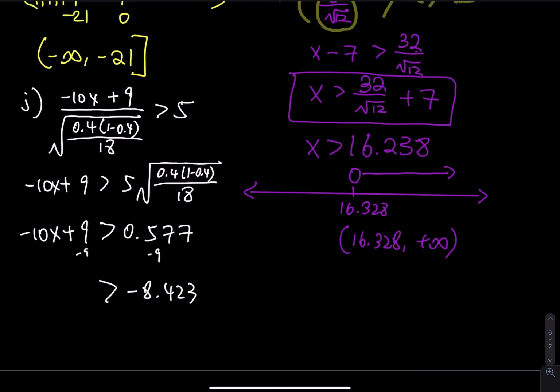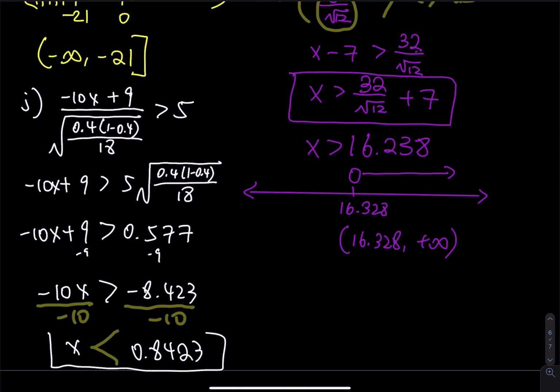And then the negative 10x is still on the left, and then you divide both sides by negative 10, and it's negative, right? Then you have to reverse the symbol. So this is x. We have negative 8.423 divided by negative 10. So that is equal to 0.8423. So that is the solution set, and then graph that.